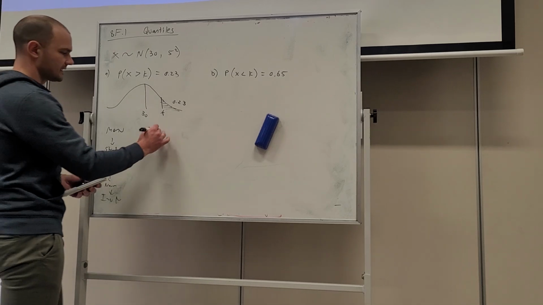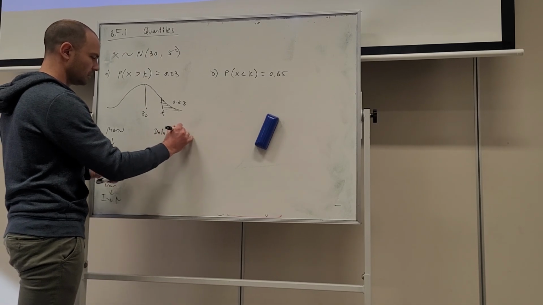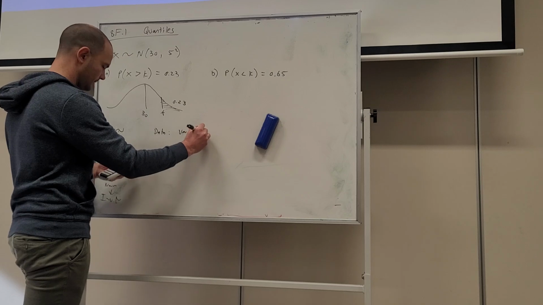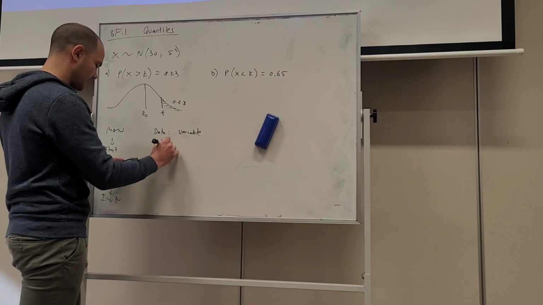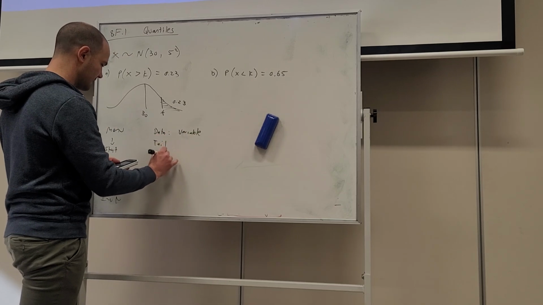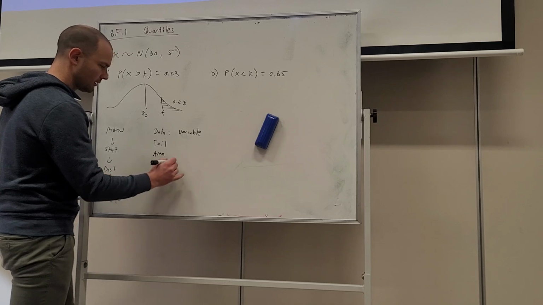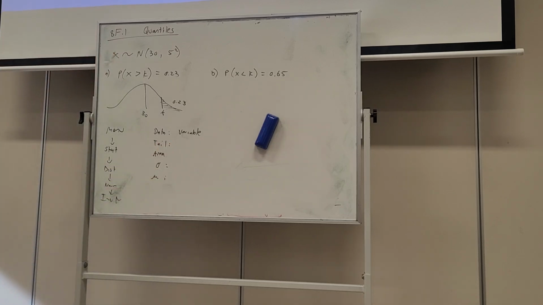The first one says data. We need that set to variable, and we're going to always leave that set to variable. And we have our tail, our area, our standard deviation, and our mean. So always have the first one set to variable.